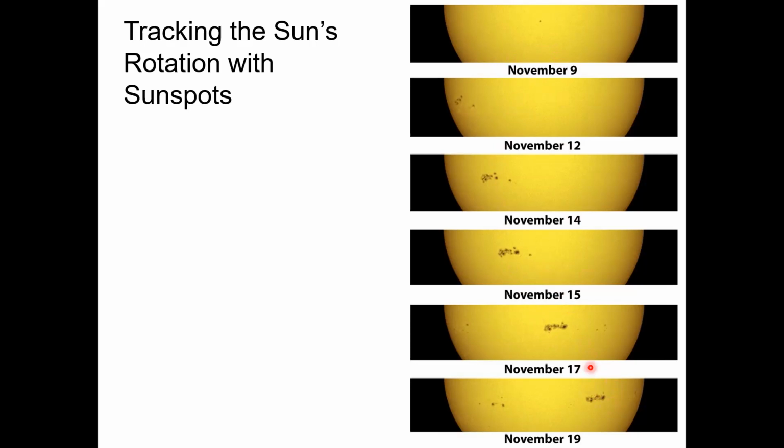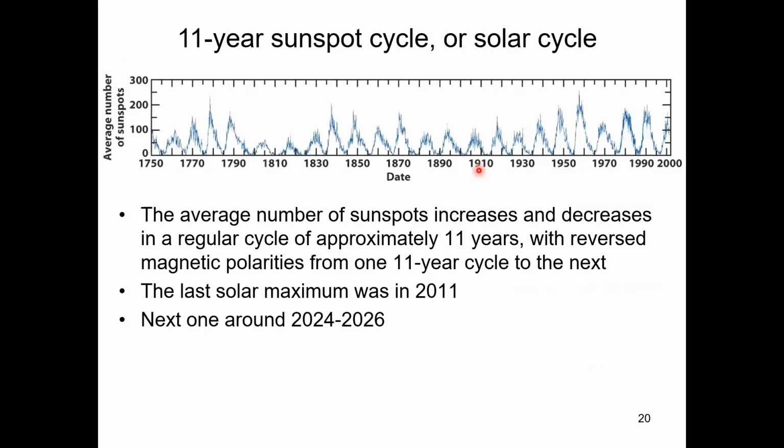From November 9th to November 17th, which year I don't know, but it doesn't matter. What's important is the time difference, right? So if you collect all this information, how many sunspots you see at a given moment of time, and then track it over the weeks, months, years, this is what you get.